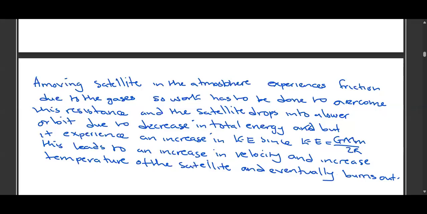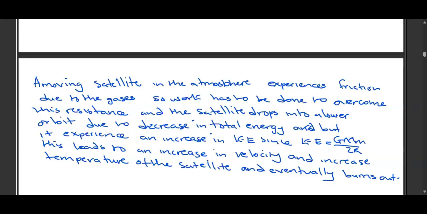So the moving satellite experiences some air resistance due to the presence of the gases in the atmosphere, and work has to be done to overcome this resistance. On overcoming resistance, the satellite loses energy, total energy reduces, thereby dropping into a lower orbit. And by dropping into a lower orbit, the KE is going to increase, since KE is inversely proportional to the distance of the satellite from the center of a given planet. Now, the increase in KE is going to lead to an increase in the velocity of the satellite.